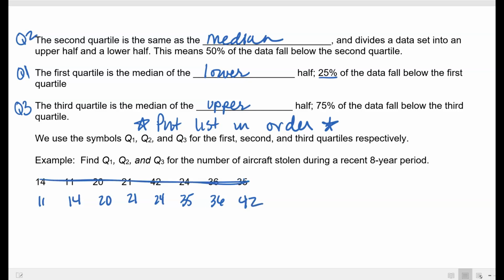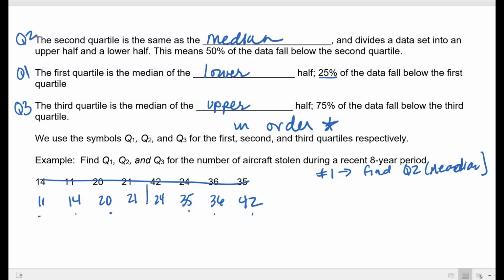Okay, so we've got those in order. And the very first thing you're going to do, number 1, is find quartile 2, which is the median. You're going to divide the data in half. I'm going to start on the outsides and work my way in, and I'm going to find the half is between 21 and 24.